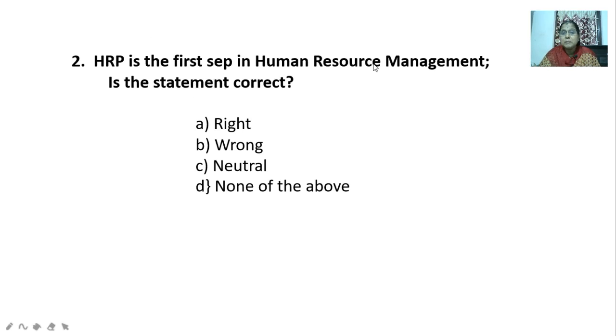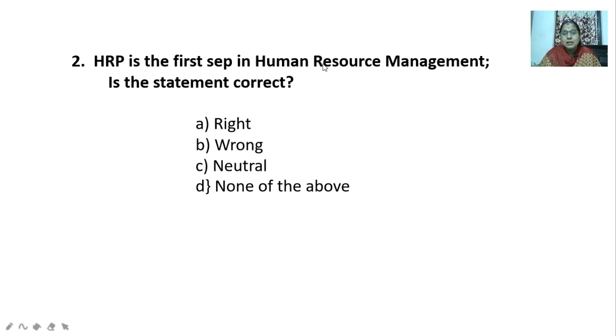HRP is the first step in human resource management. Is the statement correct? Definitely. Because whenever we talk about the human resource management process, it could relate to recruitment, placements, selection and appraisals, retention, training and all other things.